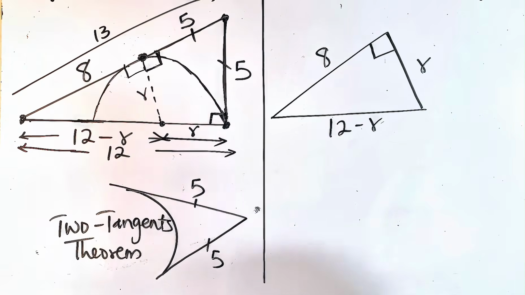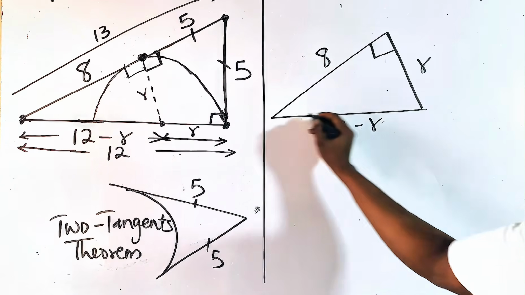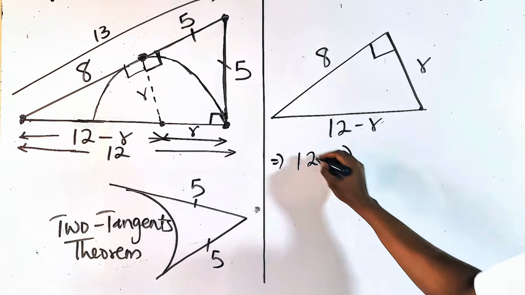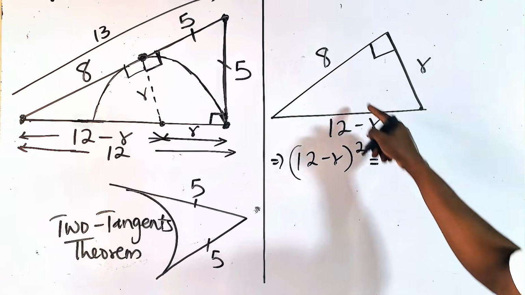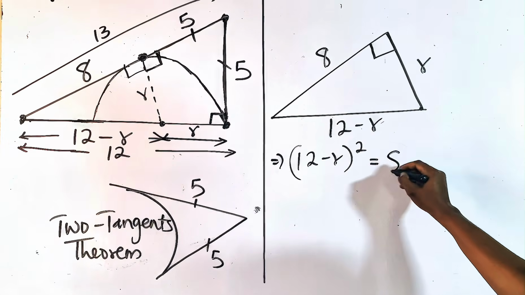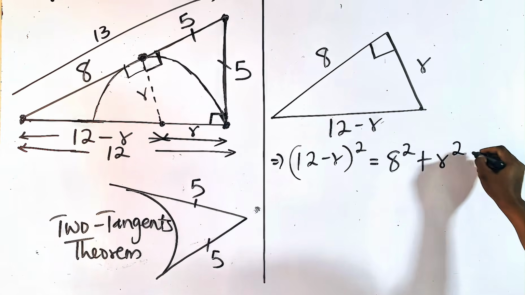So what do we do now? To get the radius, we still use our Pythagoras theorem. So we are going to have the longest side, the hypotenuse. It becomes (12 minus r) squared is equal to the square of the two remaining sides summed, so 8 squared plus r squared.